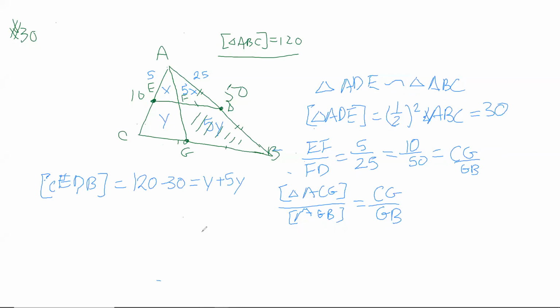That simplifies to 6y equals 90, and after some simplifying, y equals 15. Since we want the area of quadrilateral FDBG, that is just equal to 5y, which is equal to 75. Very good.